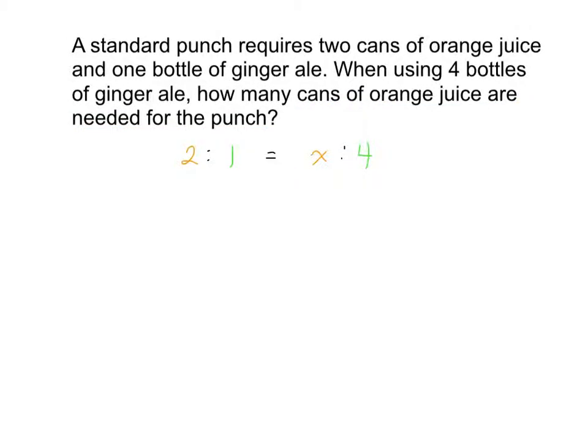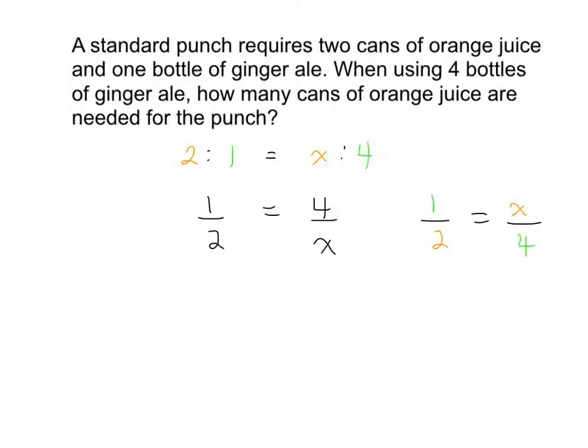What if we express our proportion differently? How about if I write 1 over 2 is equal to 4 over x? Do you think this represents the same thing? How about if I write 1 over 2 is equal to x over 4?